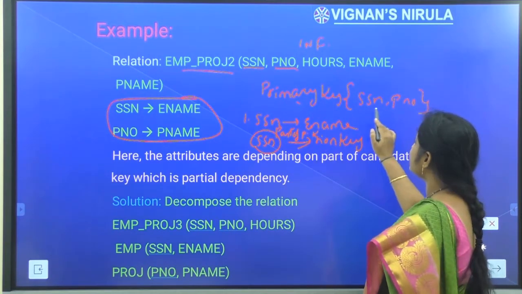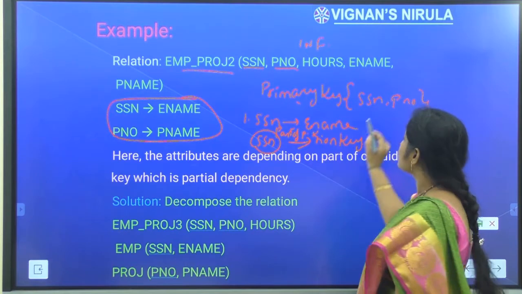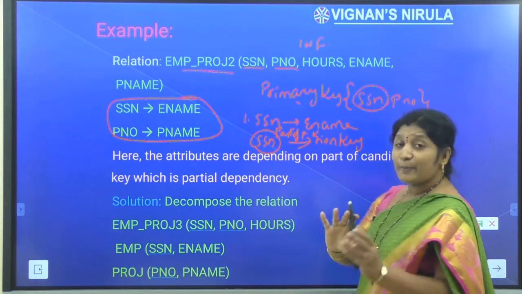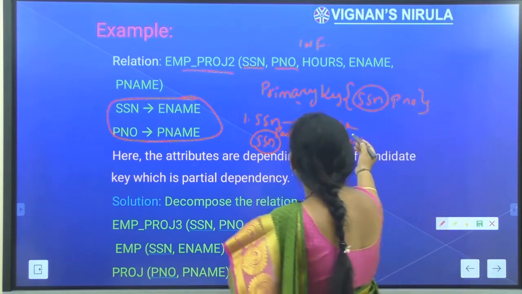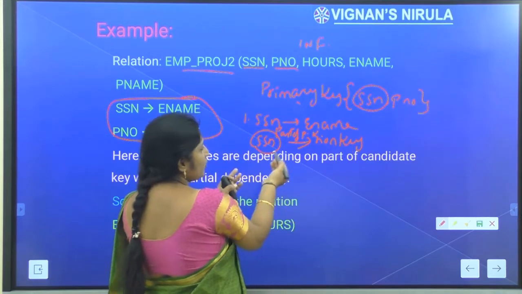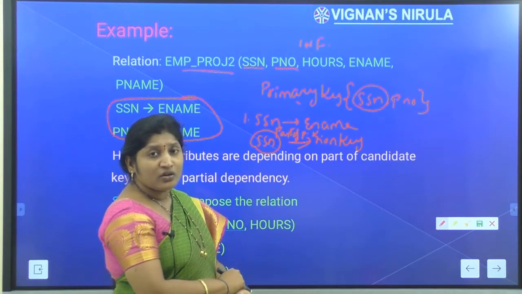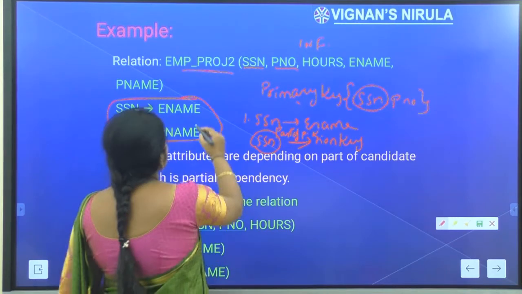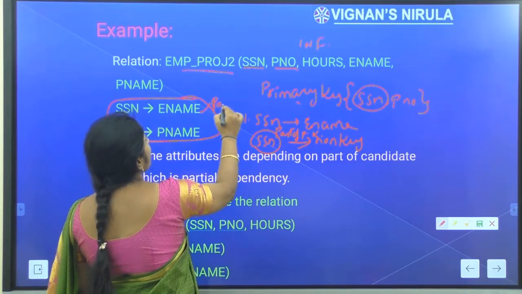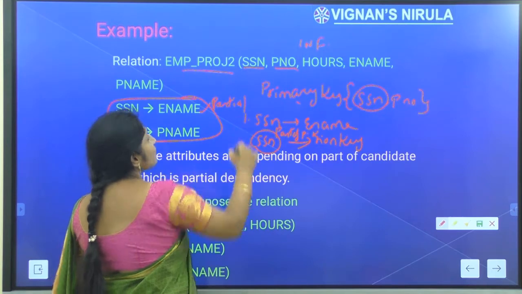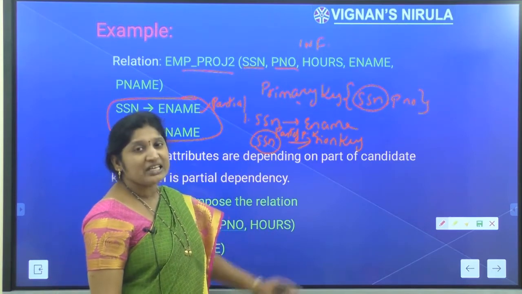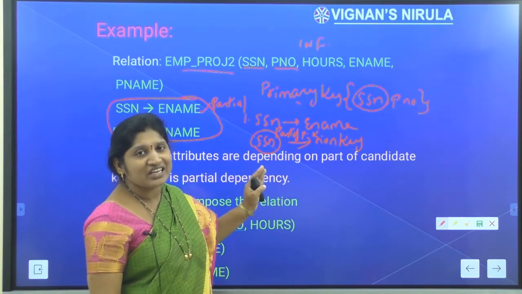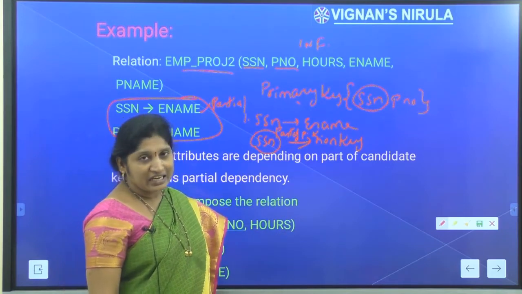The primary key is SSN, P number. So SSN is only part of the primary key. E-name, a non-key attribute, is not dependent on the whole primary key; it is only dependent on part of it. So this FD is partial. This type of dependency is partial: it depends on only a part of the candidate key, not on the entire candidate key.